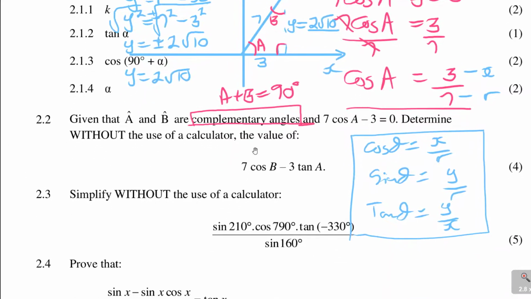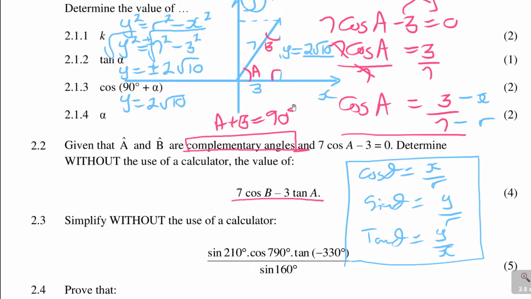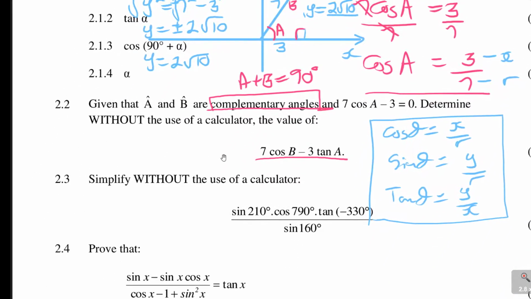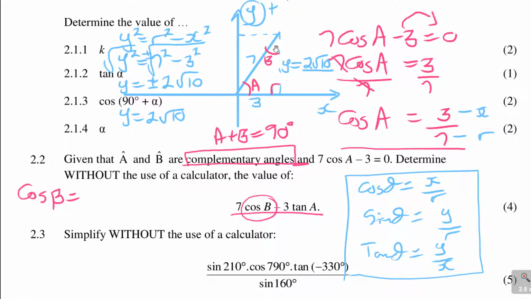They say to me, you need to determine without the use of a calculator the value of 7 cos B minus 3 tan A. So now we know cos A we had got 3 over 7. Now looking at this cos B, what is cos B? Now cos B, meaning we are now looking at that as my B.